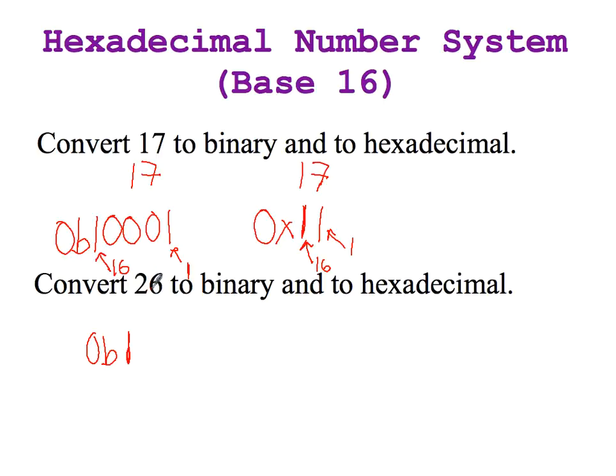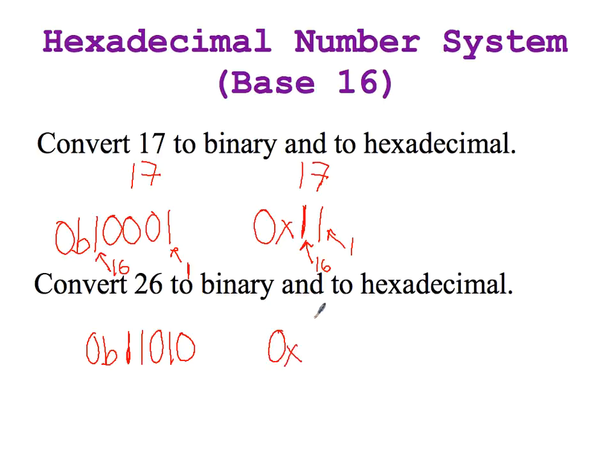And the largest power of 2 that goes into 10 is 8. Okay, well, that's the next place value down. 16 and 8. And then if I take away 8 from 10, I'm left with 2. So that means no 4s, a 2, and no 1s. Okay, and you can kind of verify that that's the correct representation. 16 plus 8 is 24. 24 plus 2 is 26. There we go.